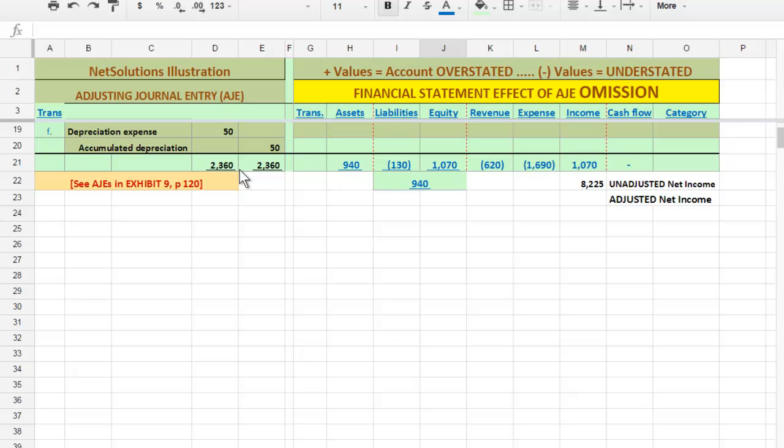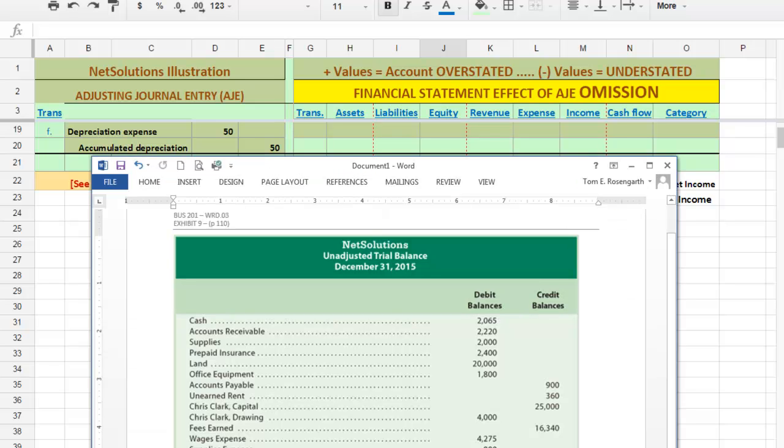So business owners would want to track using the asset account the amount that they commit to the resource, and then they use the accumulated depreciation account to track how much of that resource has been used up to date. Let's examine the unadjusted trial balance and see the balance sheet effects.